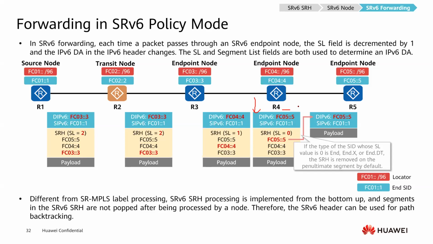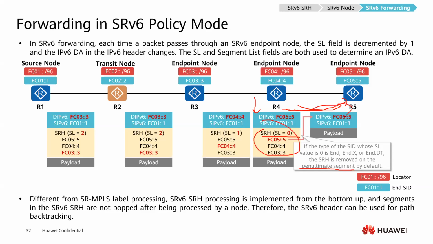When R4 wants to send the packet to R5, there is a behavior called PSP, penultimate segment pop. If SL equals 0 and PSP is enabled when it sends out, it will pop out the SRH header and send to its destination.